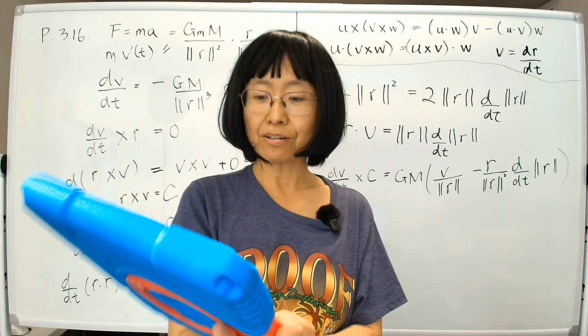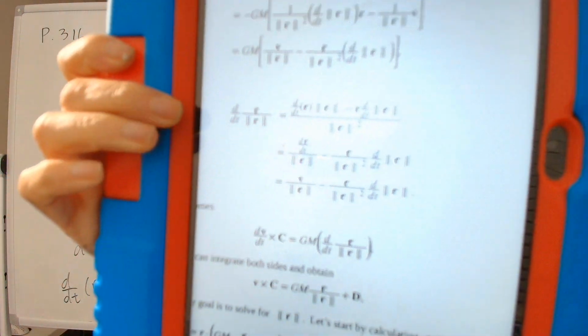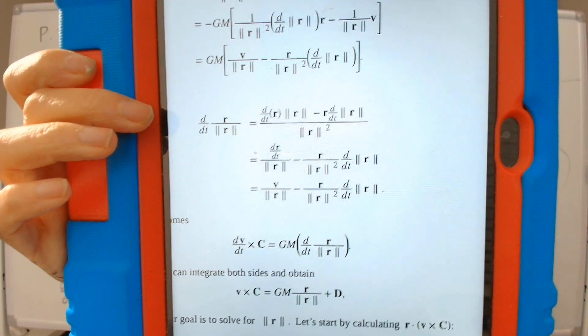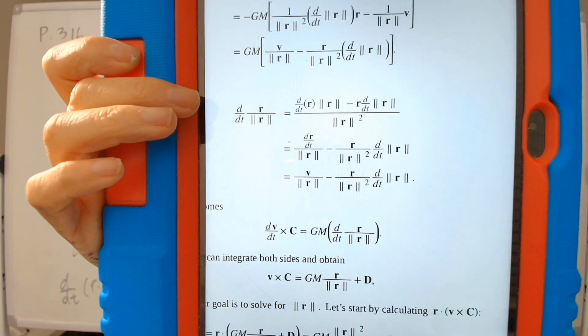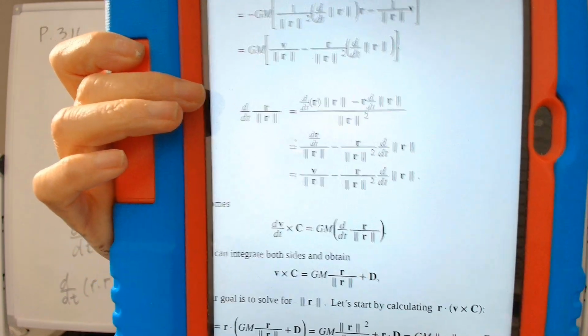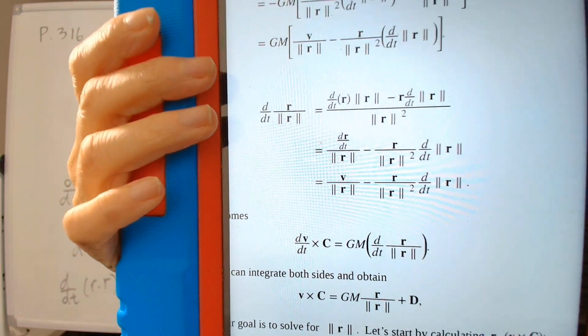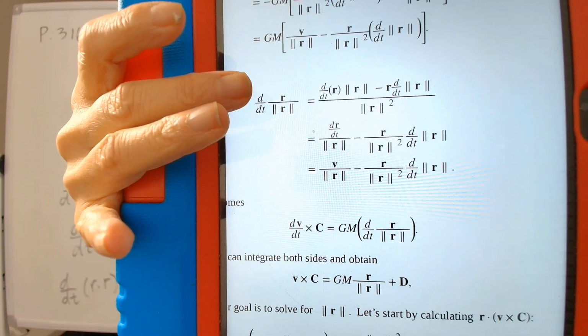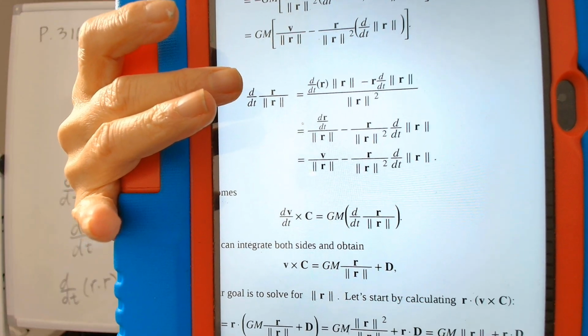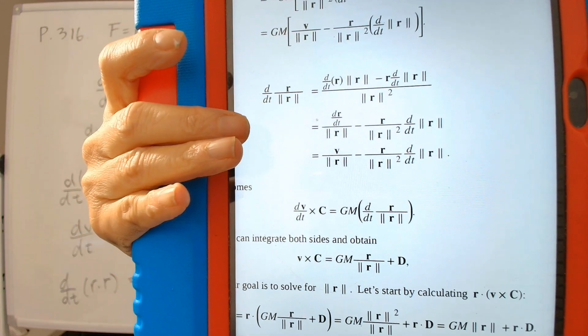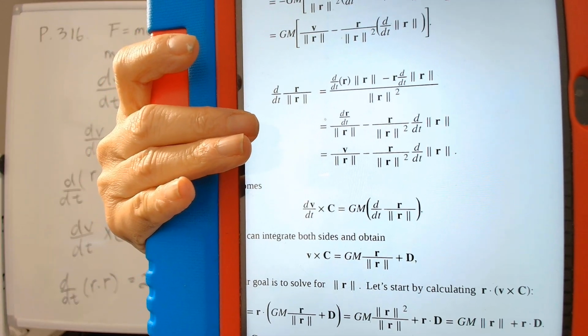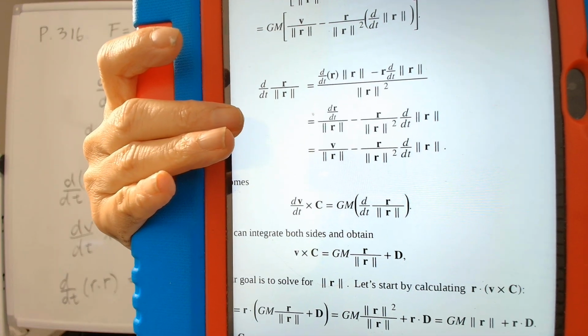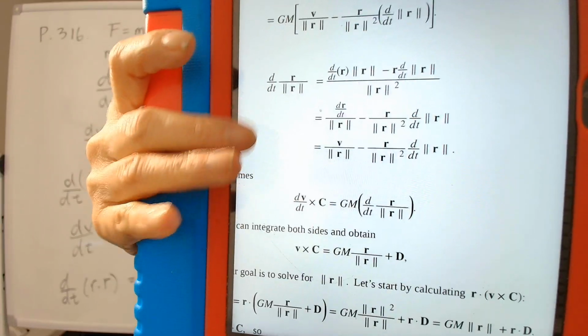Now, to take the derivative of this thing, this is a fraction, so we'll apply the quotient rule that I mentioned a little earlier, which is the same as any other quotient rule. As you can notice, it's very familiar looking, because it's the exact same thing. Then we clean it up a little and we have dr by dt, and break it into two fractions.